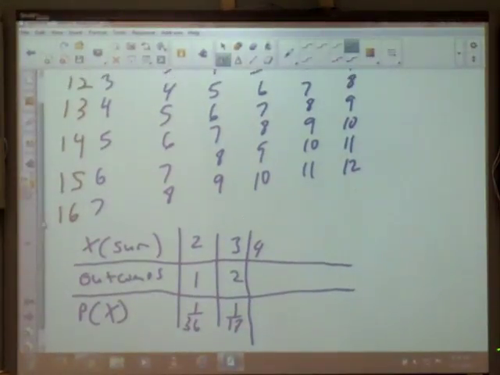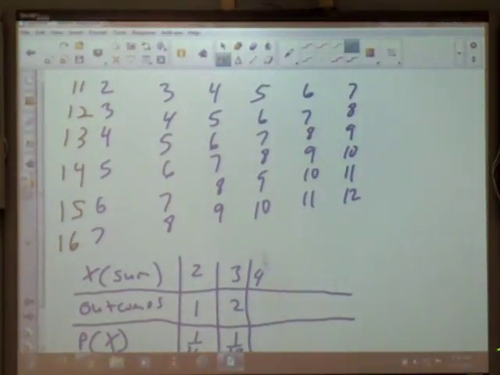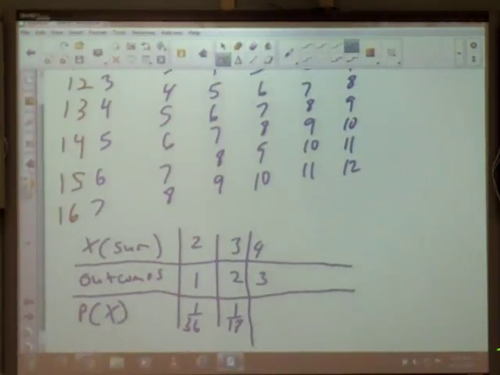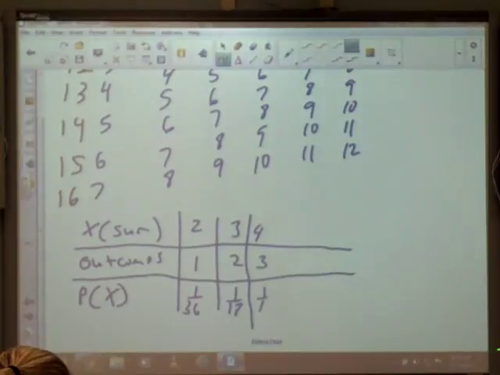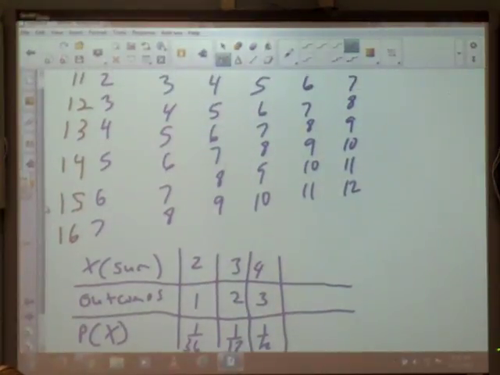How many 4's do I have up there? 1, 2, 3. 3 out of 36 is 1/12. Up here where we listed sums, there's 1, 2, 3. I see 3 4's up there.